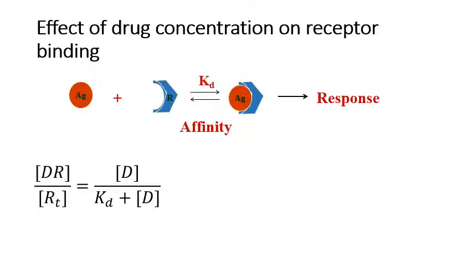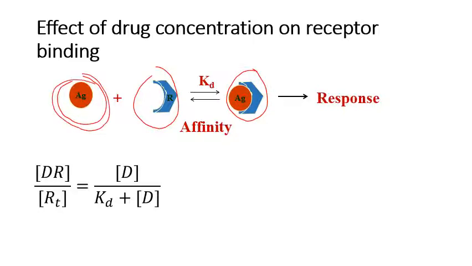The effect of drug concentration on receptor binding. Drug-receptor interaction is determined by the affinity of the agonist to the receptor. You know that the agonist and the receptor can interact and are present in equilibrium with the drug receptor complex.